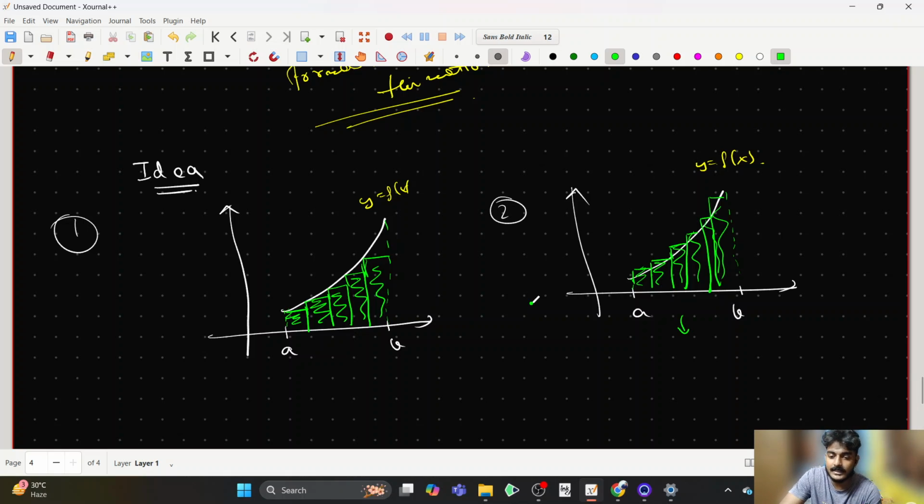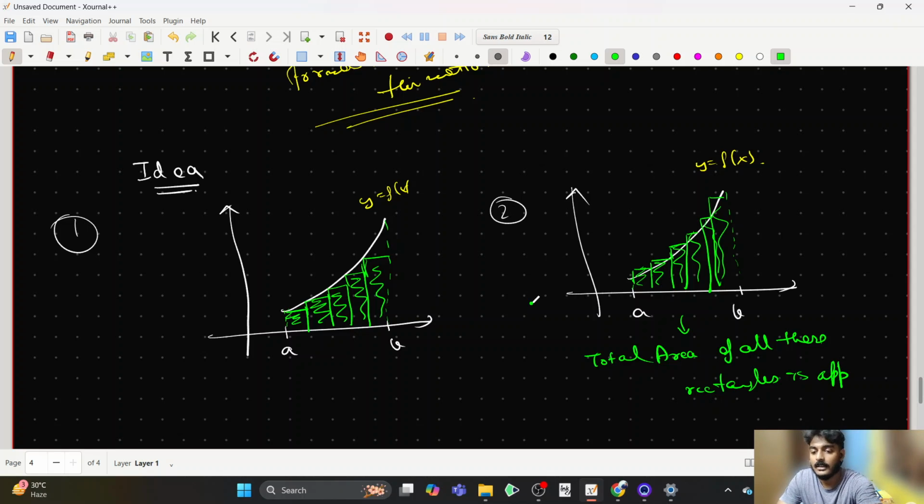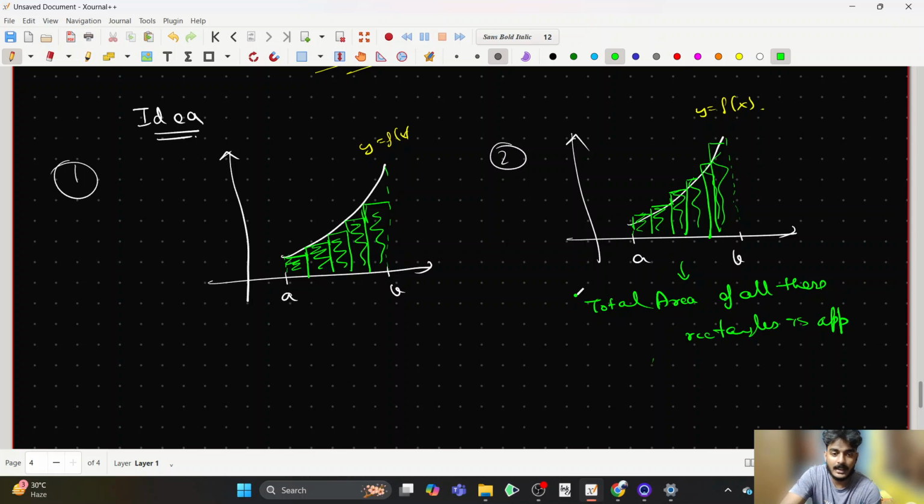And in this case, we will see that the total area of all these rectangles, the way we will design it, is infinitesimally more than the so-called area under the curve.